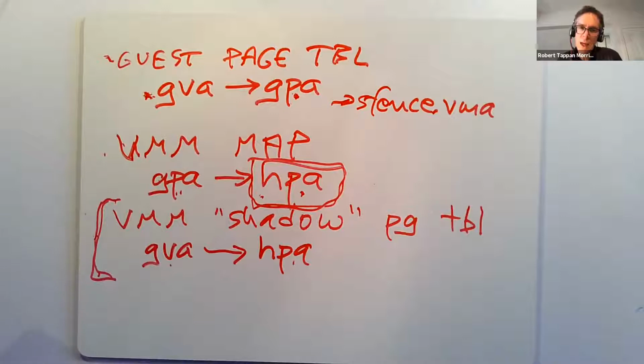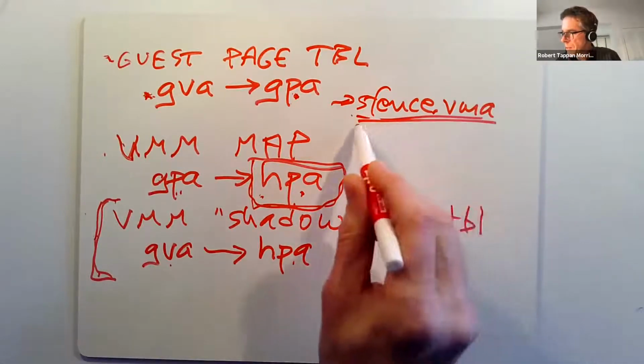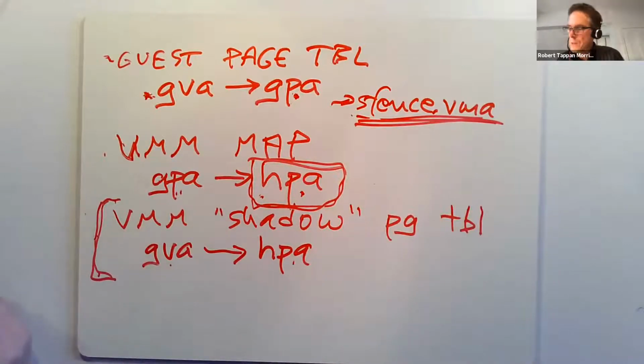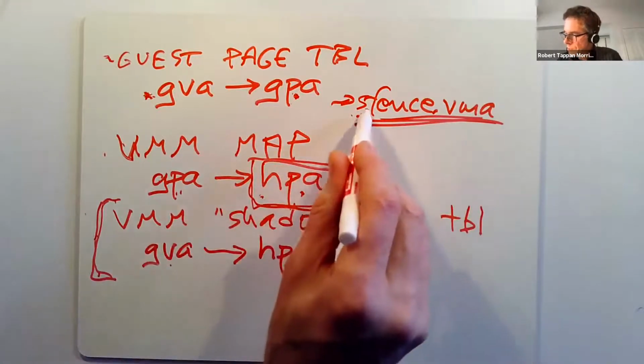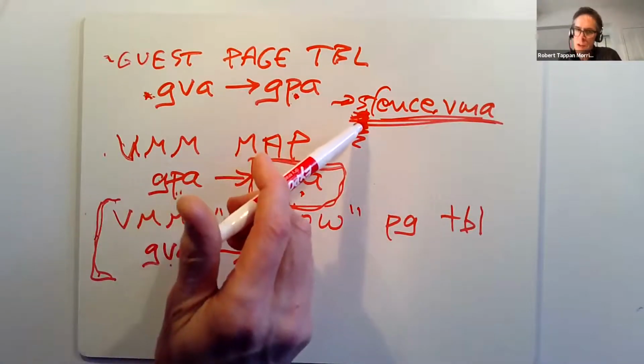But the guest is going to execute an sfence.vma instruction after modifying them, and this is a privileged instruction, as you can tell because it starts with S, so it traps into the virtual machine monitor.